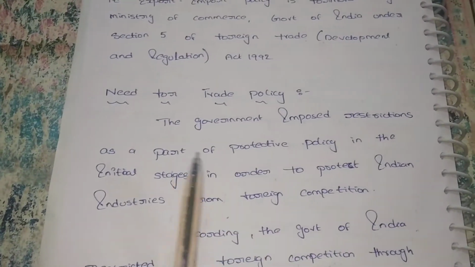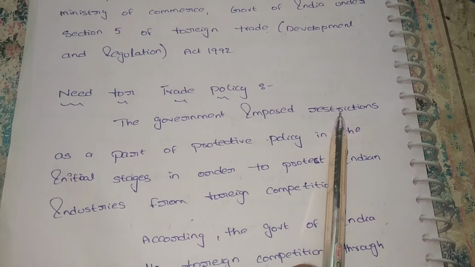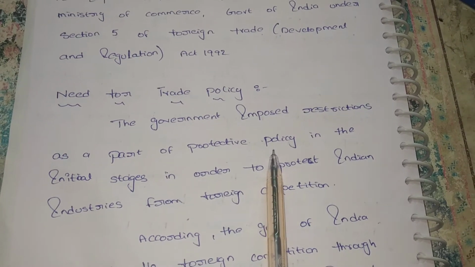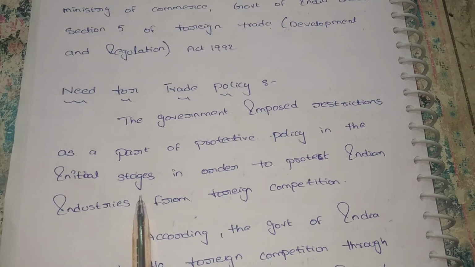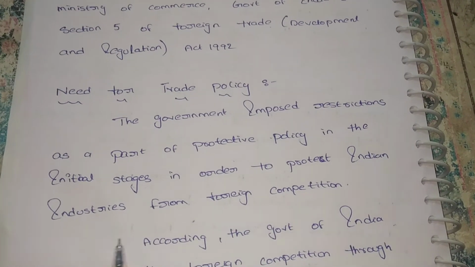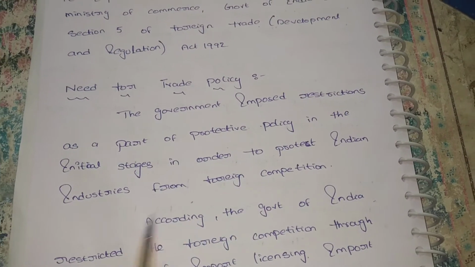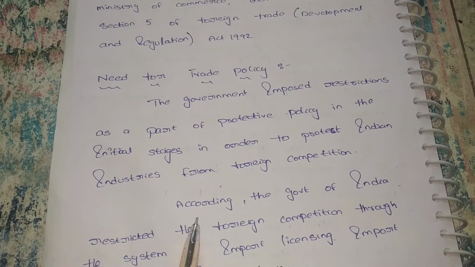This is the need for trade policy. What is the need? The government imposes restrictions as a part of protective policy, in initial stages, in order to protect Indian industries from foreign competition.